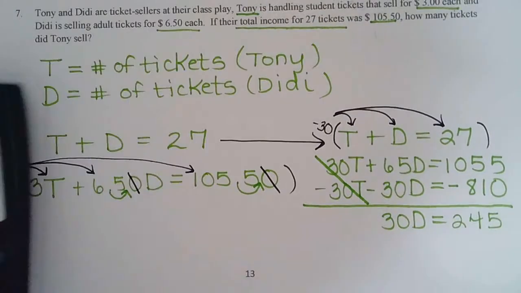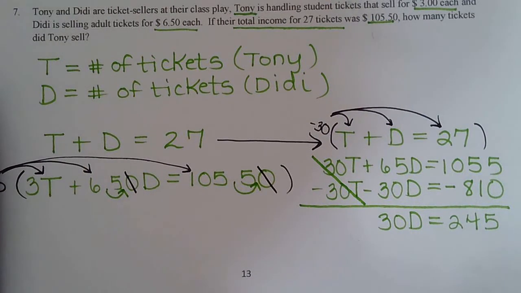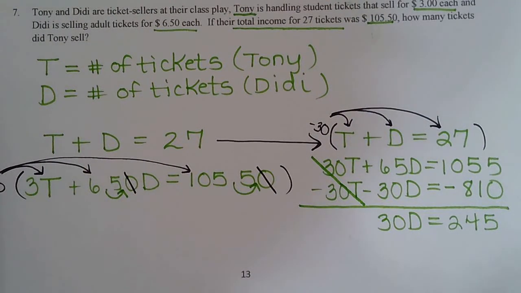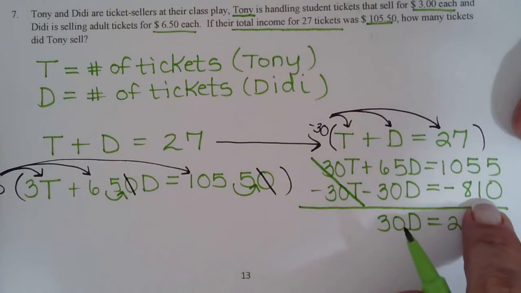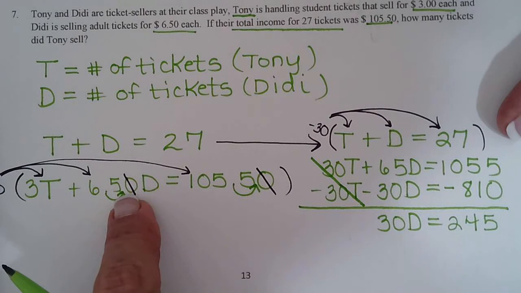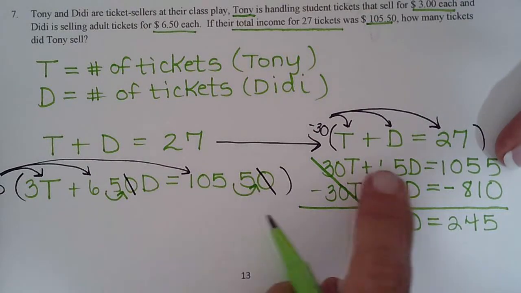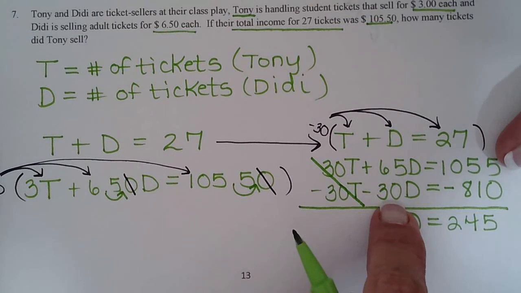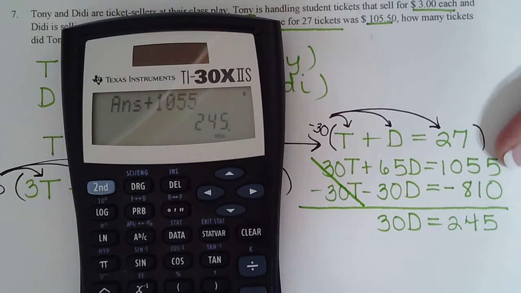This is not looking good because negative 30T, negative 30D, negative 810, 30T, 65D, 1055. 65 minus 30 is 30 because this is not going to go in evenly.